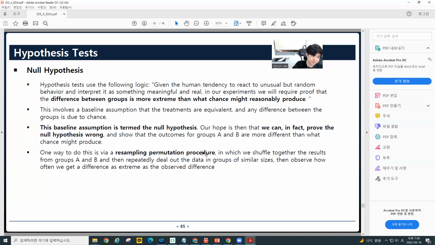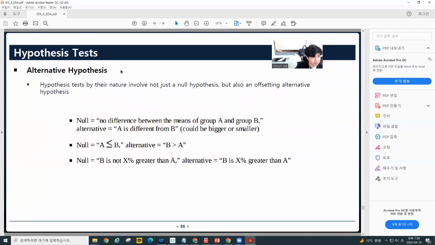And then we see whether the difference between A and B is really significant, or whether it can be done only by randomness. So we want to check this with the resampling permutation procedure. And I think this is the most basic way to do the A/B test and statistical difference.